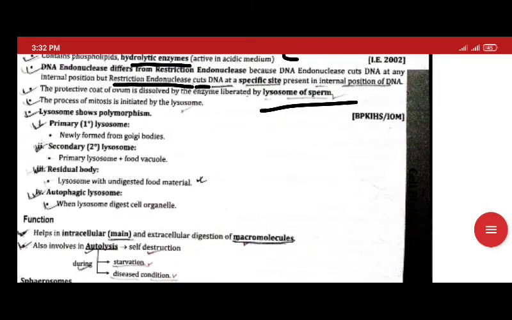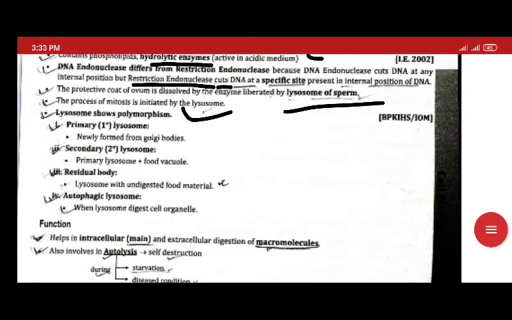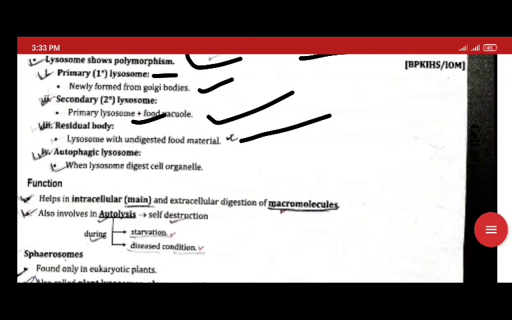So mainly the lysosome is for breaking down cells, like macrophages. Lysosomal polymorphism: primary lysosomes are newly formed from the Golgi body, and secondary lysosomes are formed by the primary lysosomes and food vacuoles. The residual body has undigested food material, and the autophagic lysosome digests cell organelles.